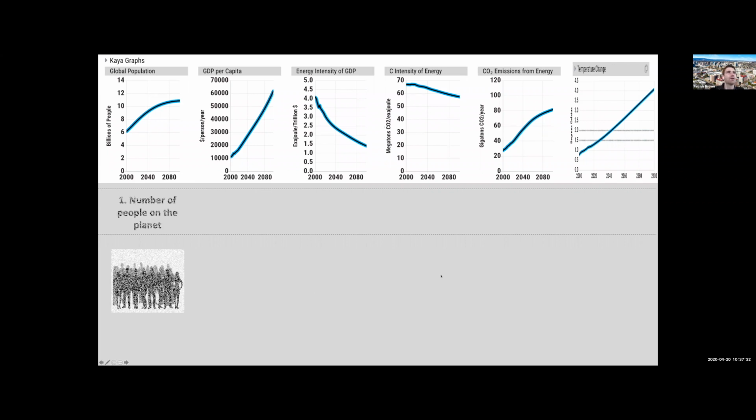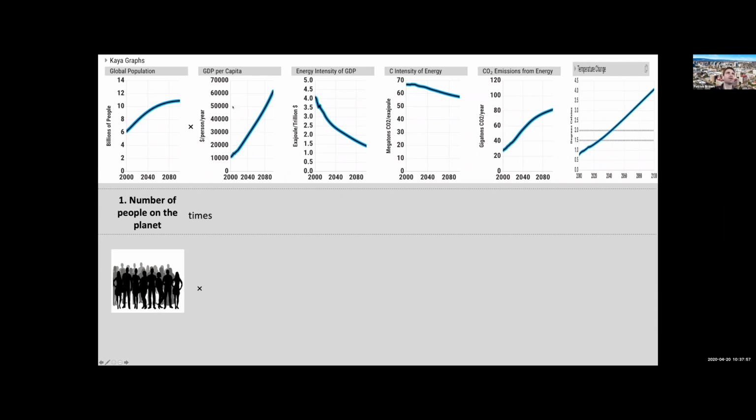So we have our number of people on the planet, increasing from about 6 billion people in the year 2000 up to about 11 billion people by 2100. So our CO2 emissions are going to be related first to the number of people on the planet. Then we're going to multiply that times the GDP per capita.